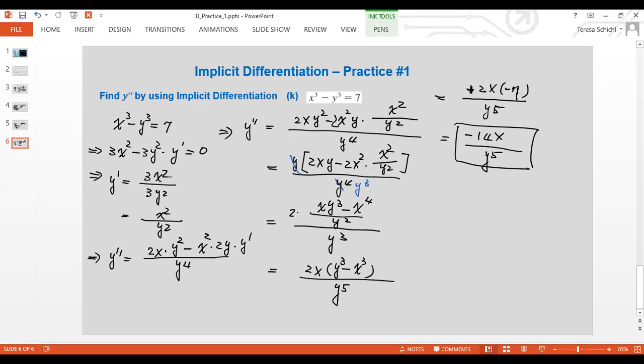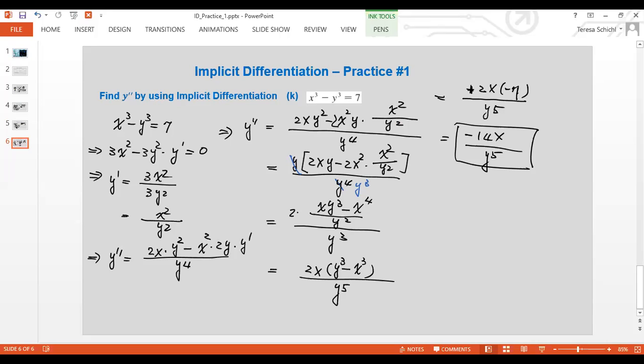So that's it. And this is how we use implicit differentiation and take a look at the first derivative and the second derivative. The concepts are extremely easy. So y is a function of x. I just cannot write it out as a function of x.